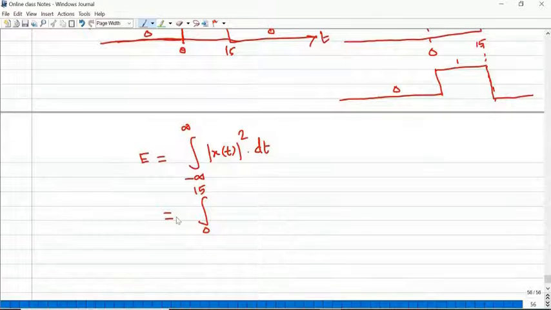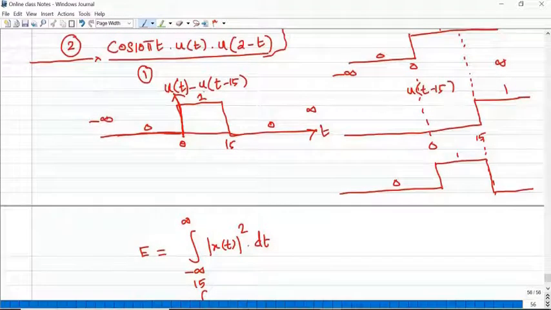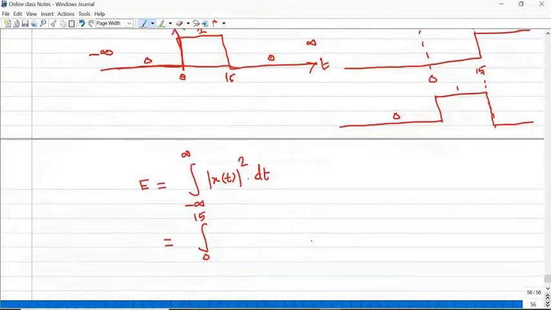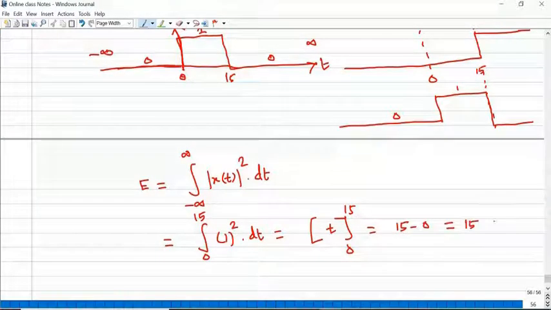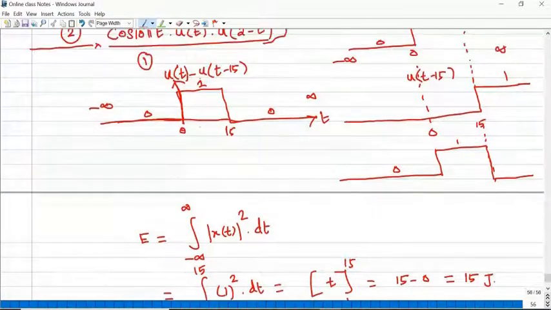Here the magnitude of the signal is 1, so 1 square dt. That is integration of dt from 0 to 15. Substitute upper limit minus lower limit, and you will get 15 joules. Okay. So this is the energy of the signal u of t minus u of t minus 15.